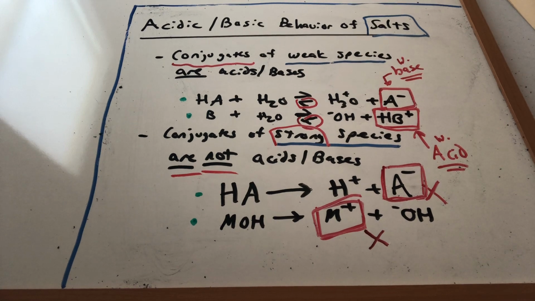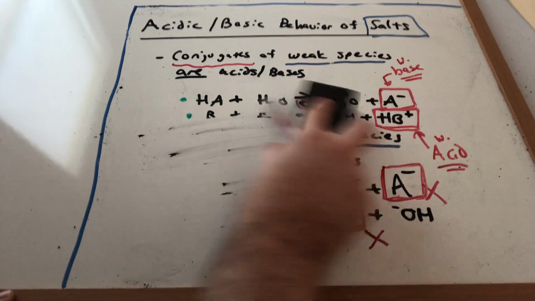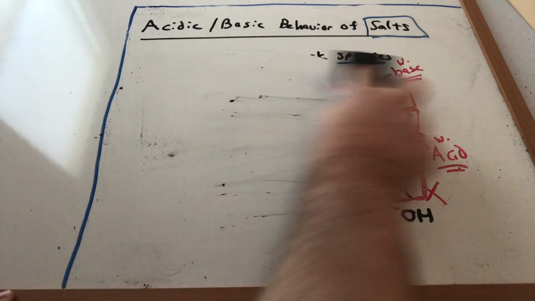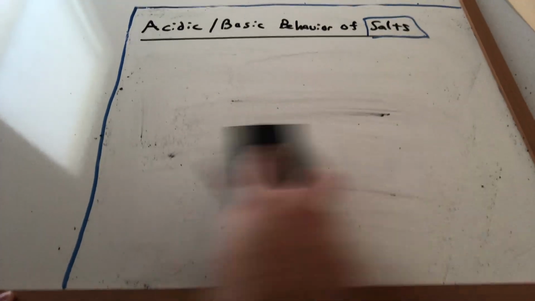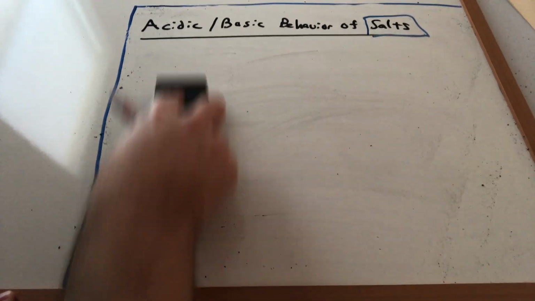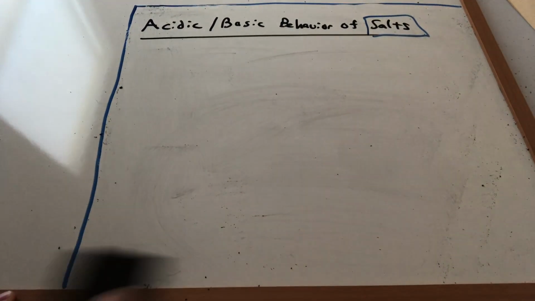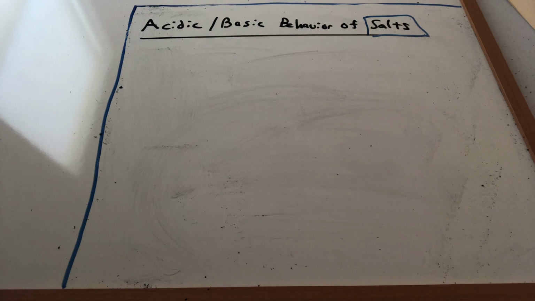So this is a general idea. Again, we have to have in our head that weak species and strong species behave differently, and because of that, their conjugates behave differently. So what is our mathematical approach for calculating the pH of a salt solution?